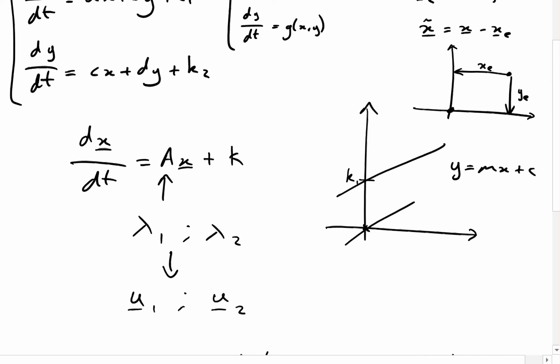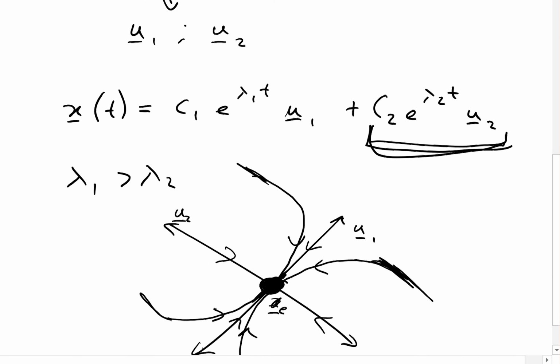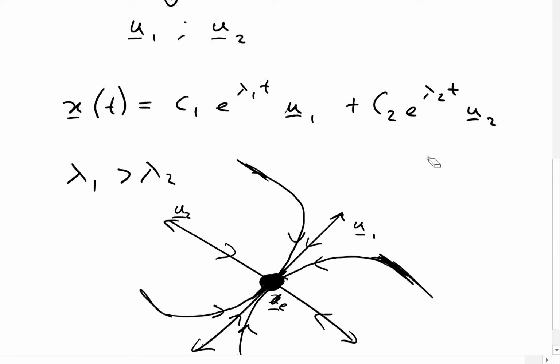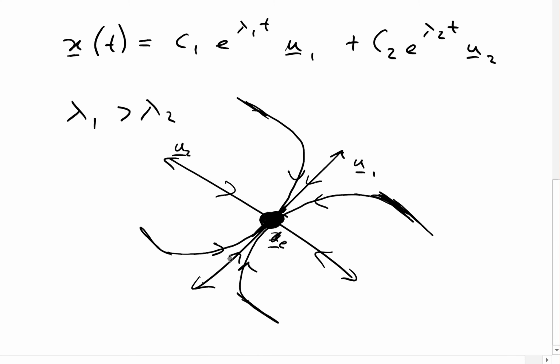If it's away from the equilibrium point, we have to use slightly different techniques. It doesn't work. But if we're close to the equilibrium point, then we can use this kind of process: find the eigenvalues, work out which term is going to dominate, so which eigenvector is going to dominate, to work out exactly what's going on. And that's only true if the eigenvalues are not equal to 0.